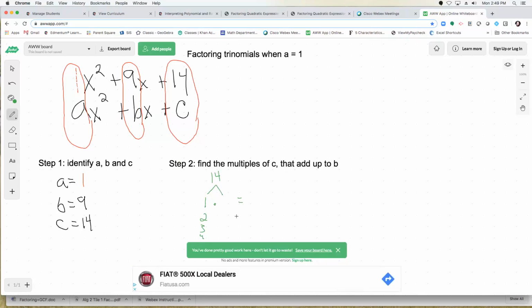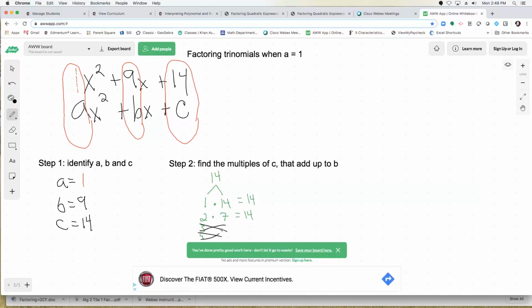And then just write them out. 1 times what is 14? Well, 1 times 14 is 14. 2 times what is 14? Well, 2 times 7 is 14. 3 times what is 14? Well, 3 times nothing is 14, so that one doesn't work out, and that's okay. And same thing with 4.